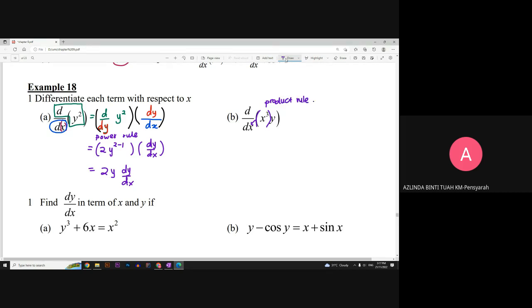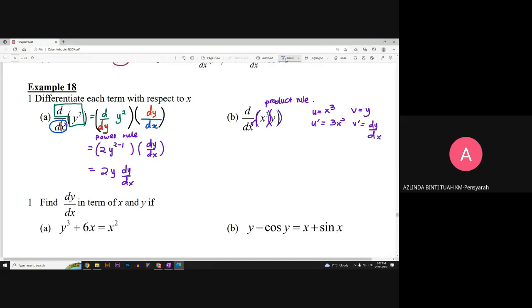Okay, so product rule, we have two terms, two variables. The first term is u, x cube, v is y, u prime is 3x squared, v prime is dy per dx.